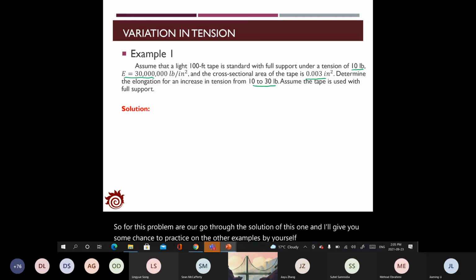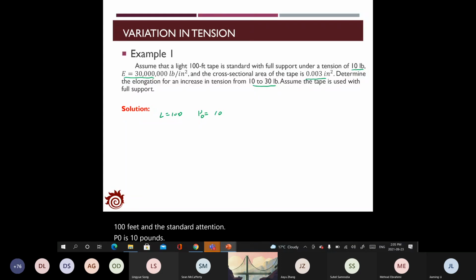For this problem, you have all the assumptions. The actual length of the tape is 100 feet, and the standard tension P0 is 10 pounds. We also have the modulus of elasticity, 30 million pounds per square inch, and the cross-section area, 0.003 square inch.